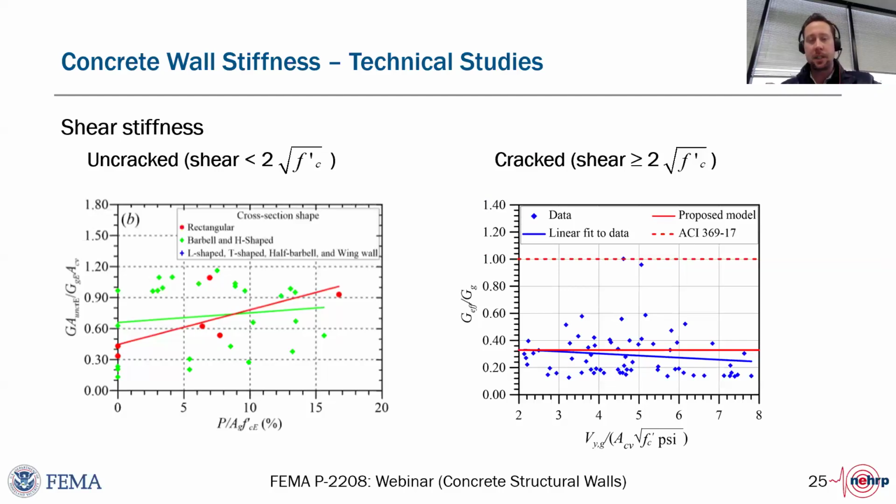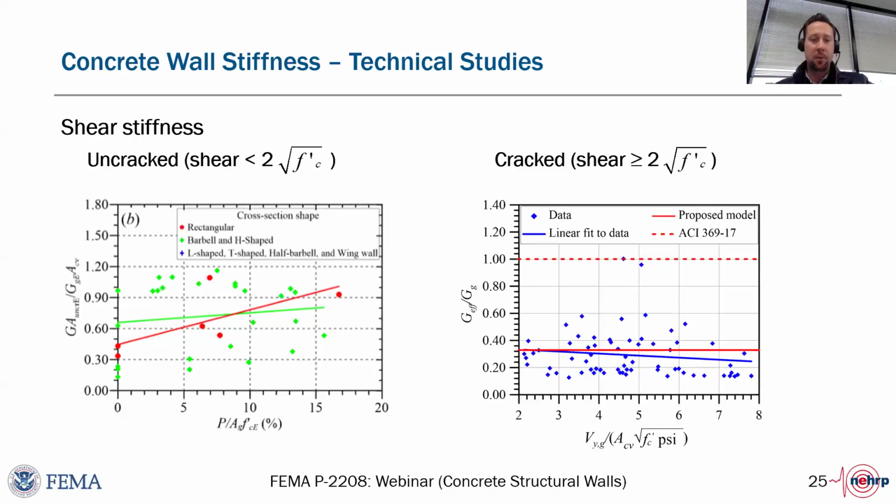For shear stiffness in the past, depending on your familiarity with the provisions of ASCE 41-17, you may be aware that there was a 0.4 EA that was permitted or suggested in the provisions for the shear stiffness.